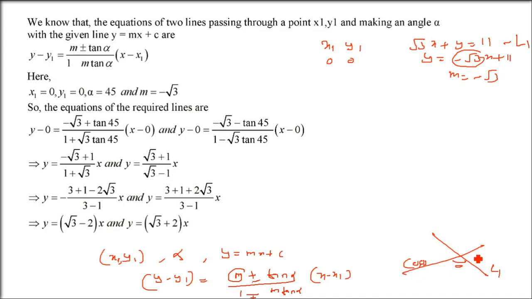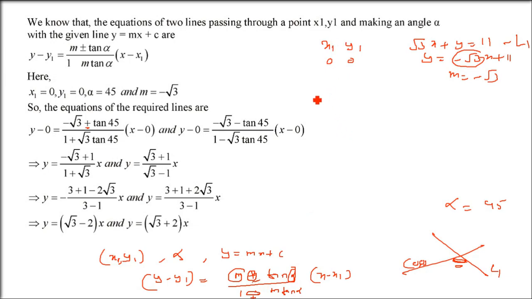So alpha is 45 degree and tan alpha you can find out, tan 45 degree. So we are going to take tan alpha and put it here. So tan alpha will be 1 here. So please remember, if you take plus in the numerator, negative will be in the denominator. Similarly, negative in the numerator, plus in the denominator.